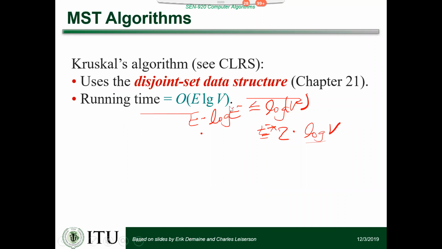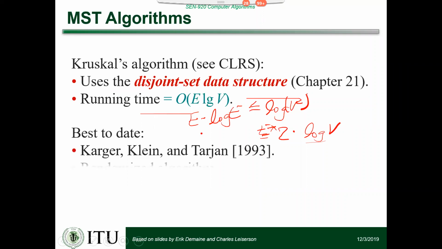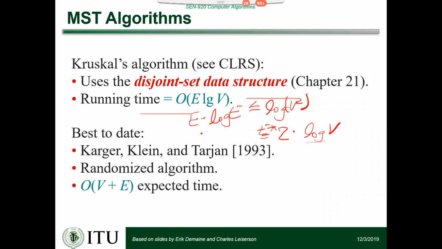All right, so that's the second famous algorithm for finding the minimum spanning tree. One is Prim's algorithm, the other is Kruskal's algorithm.